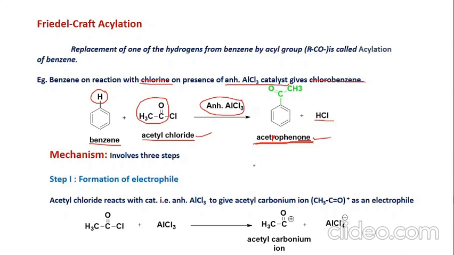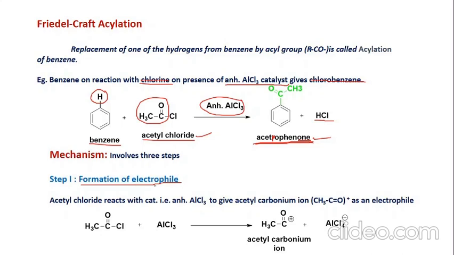What is the mechanism of this reaction then? The mechanism also involves 3 steps, as we have seen in the earlier mechanisms: formation of the electrophile, attack of the electrophile, and formation of the final product.